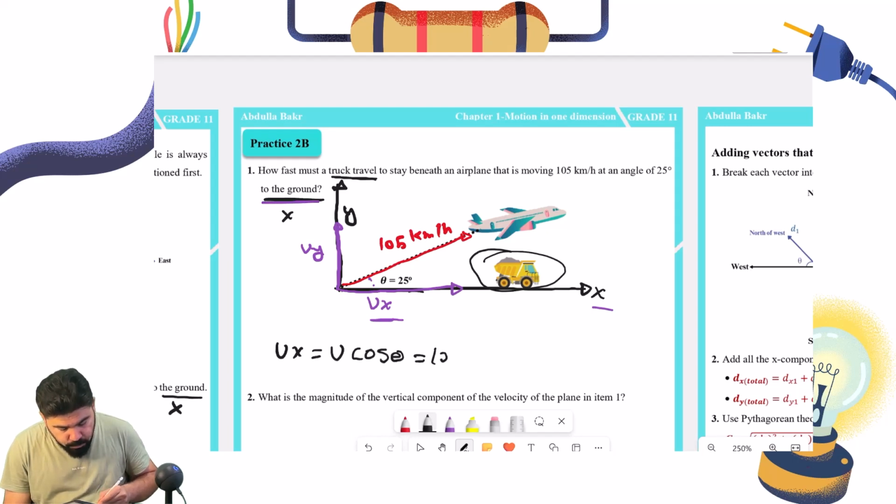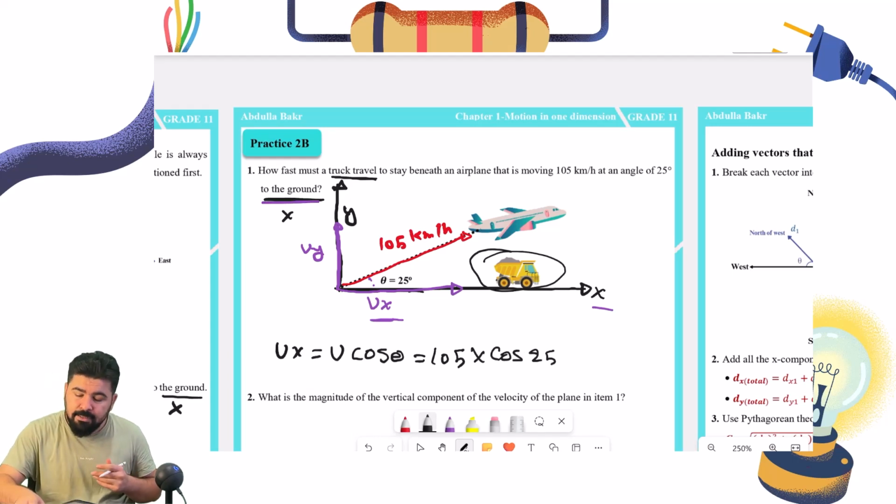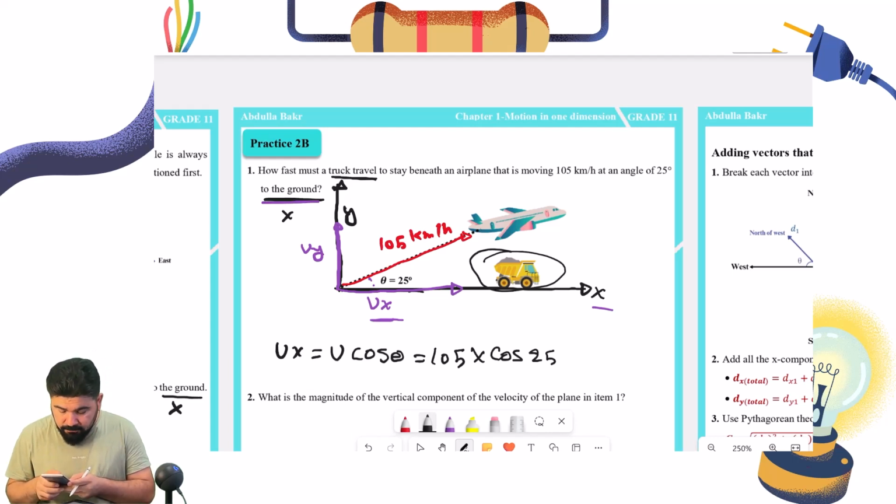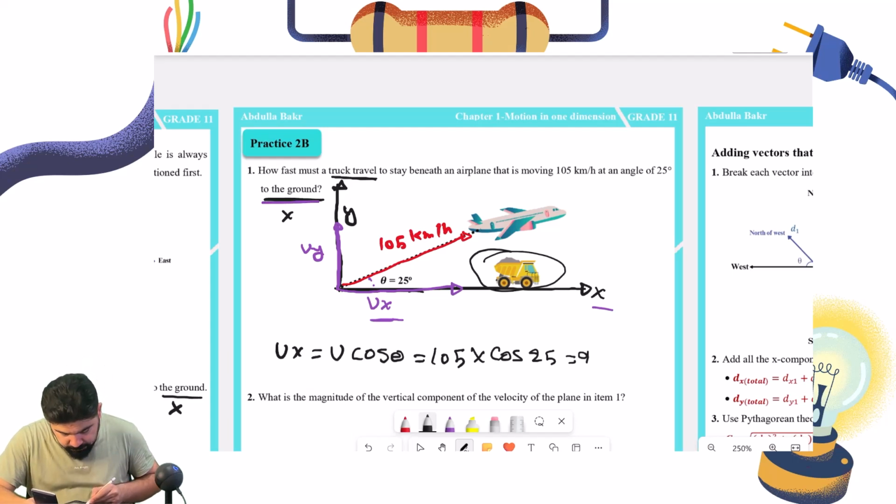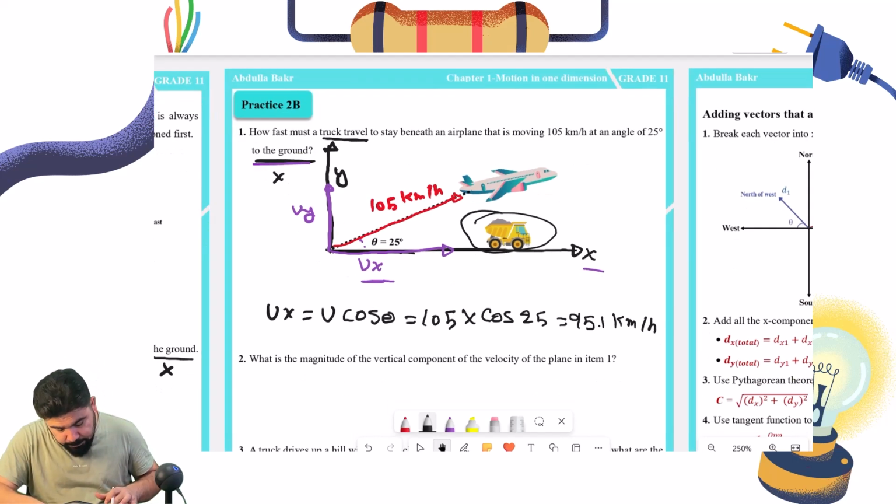V is equal to 105, times cosine of 25. Let's multiply this. So you have 105 times cosine of 25. We have 95.1 kilometers per hour. Don't forget, please. Okay, 95 kilometers per hour.